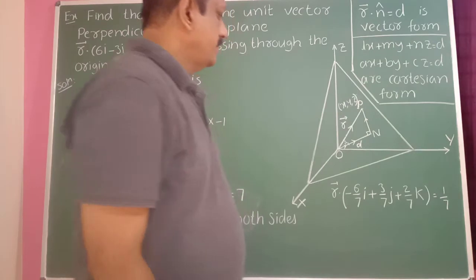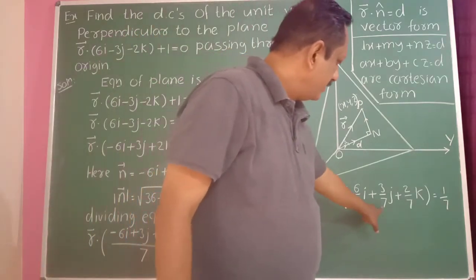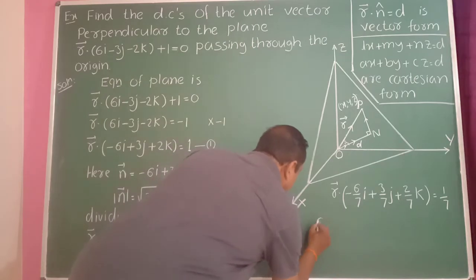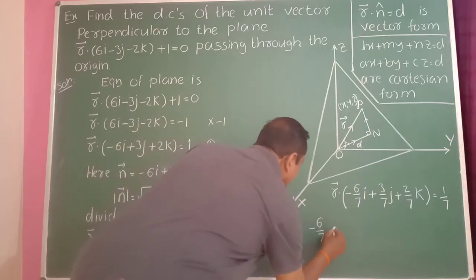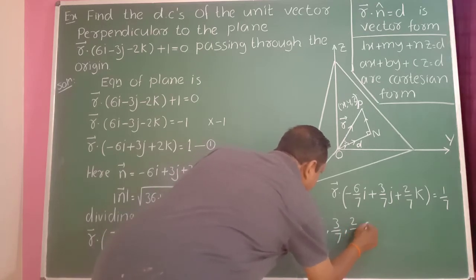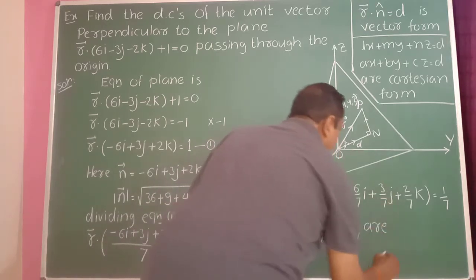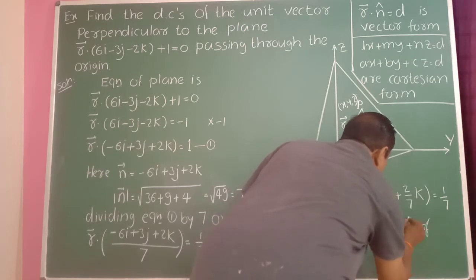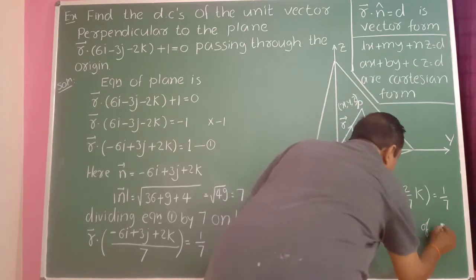So these are the direction cosines: minus 6 by 7, 3 by 7, 2 by 7, the direction cosines of n cap.